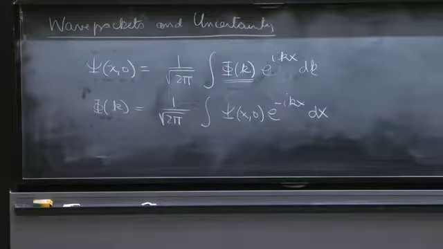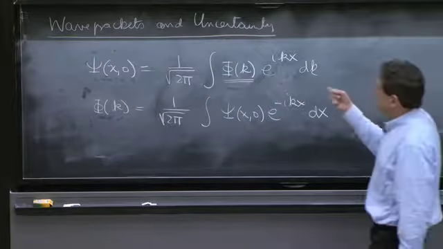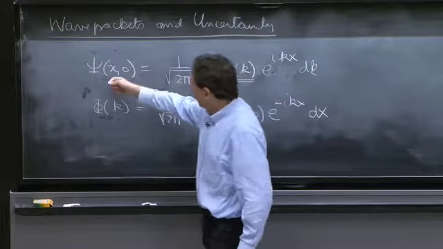What I wish to explain now is how, by looking at these expressions, you can understand the uncertainties that you find on the wave function, position and momentum uncertainties, how they are related.